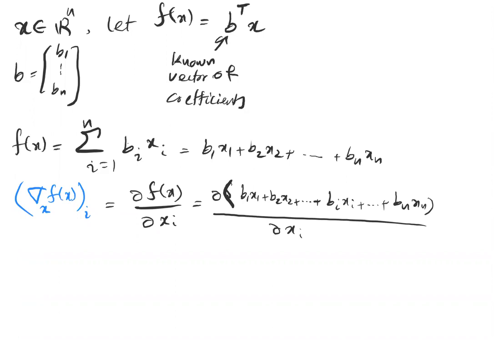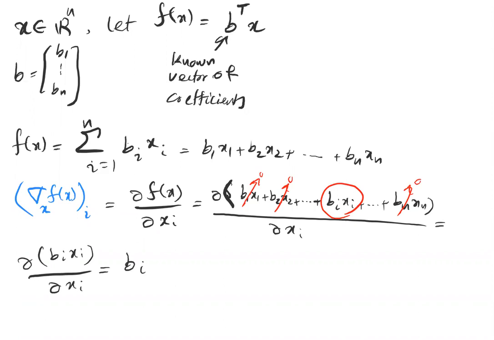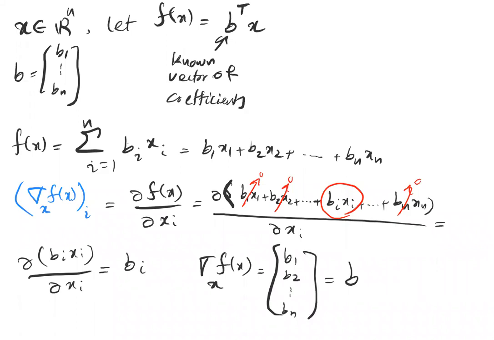So what will happen? The derivative of all of this will be 0 with respect to x i. Only this one remains. So we have the derivative of bi xi with respect to xi, which is nothing but bi. So this is element i. So the gradient of f of x with respect to x is going to be b1, b2, bn, which is nothing but b.